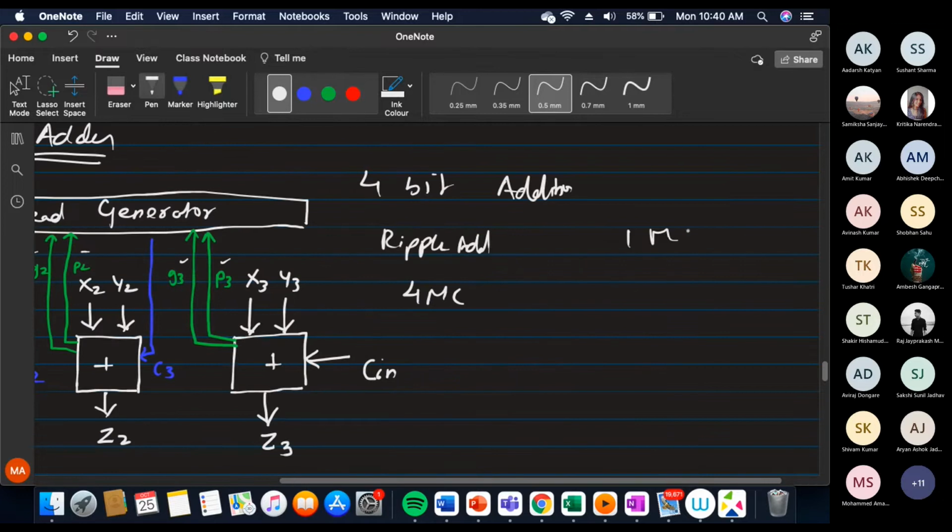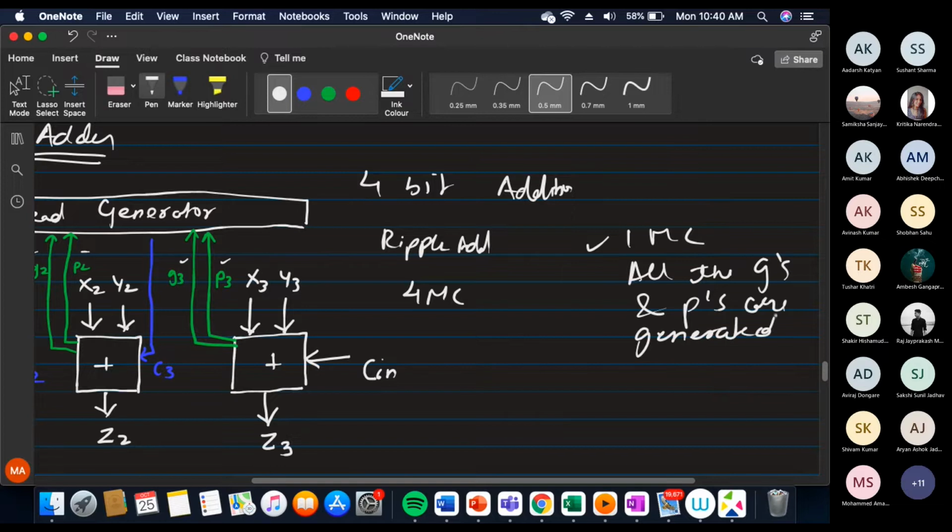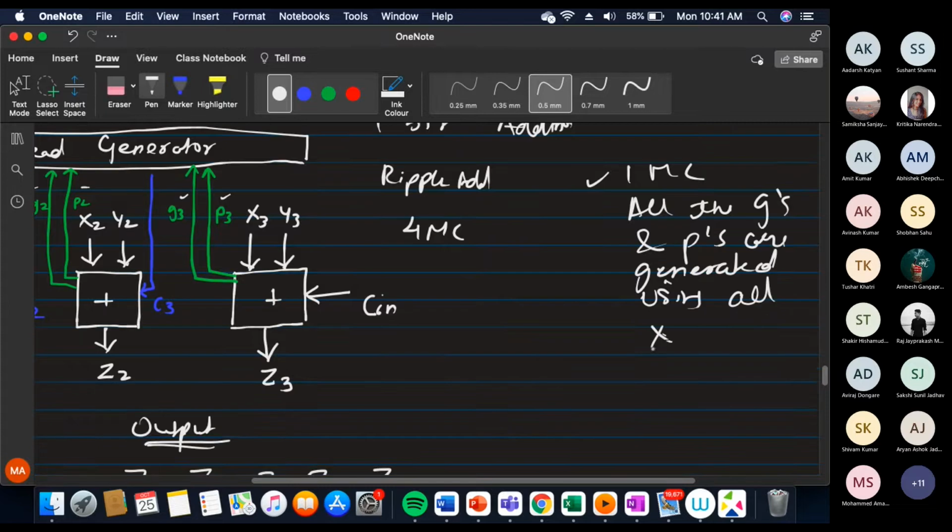So what happens in the first machine cycle? In the first machine cycle, all the G's and P's are generated using all X's and Y's.